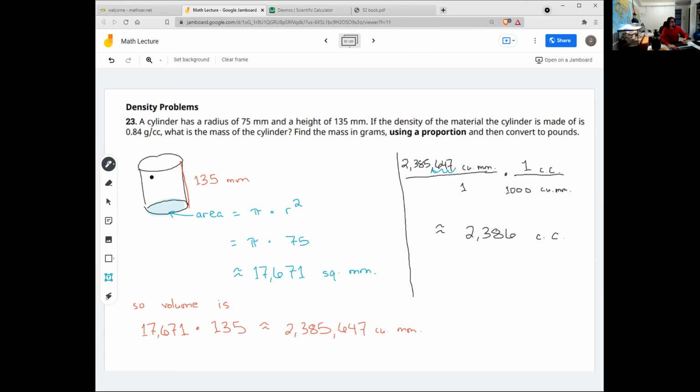So this volume that I found in cubic millimeters was too small a measurement. Now I've changed it into cubic centimeters. It turns out all I have to do is 3 scoots to the left, but hopefully you see why. These things cancel.